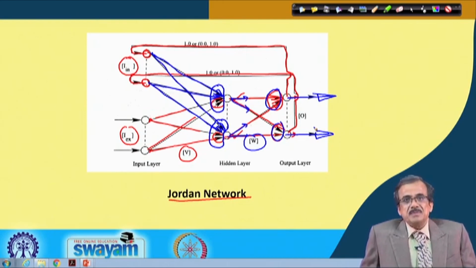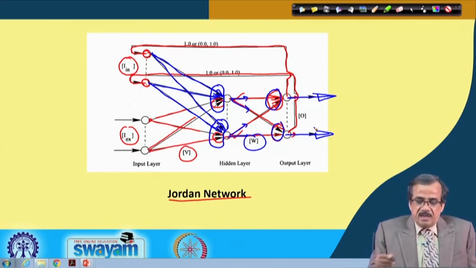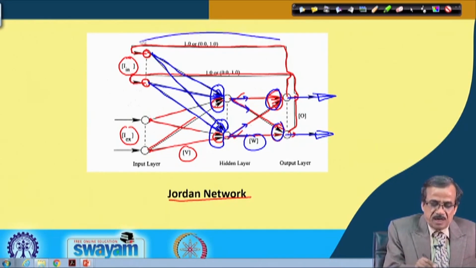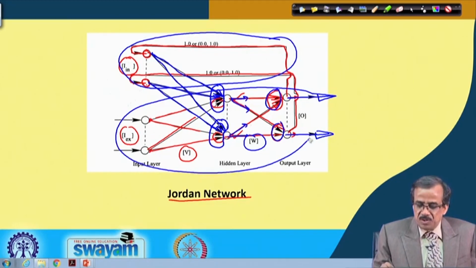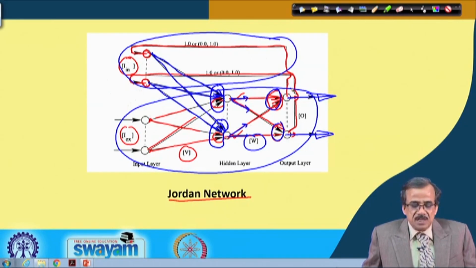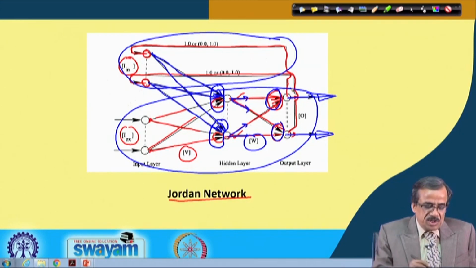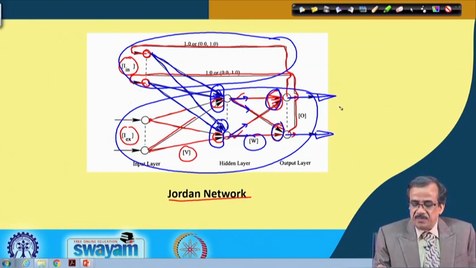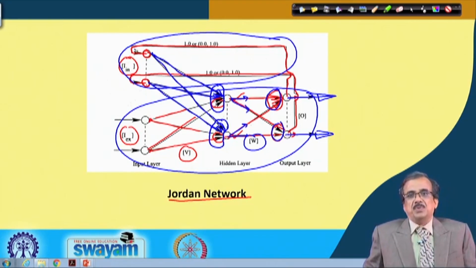Now, to summarize, in the Jordan network we take the feedback from the output layer, and as I have already mentioned, this part is nothing but the feedback circuit, and this is the feed forward circuit. In this type of RNN we consider both the feed forward circuit as well as the feedback circuit, and ultimately for a set of external inputs I will be getting the final output, and of course, the system is going to generate these internal inputs.